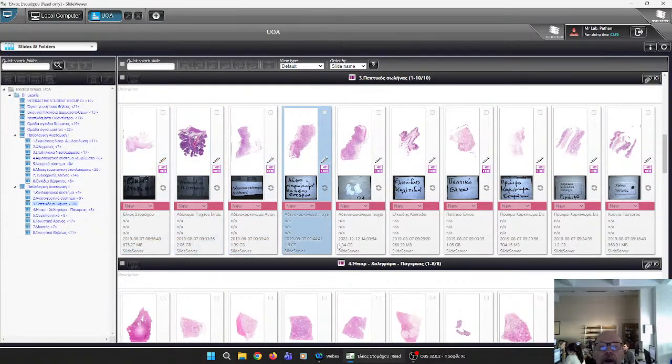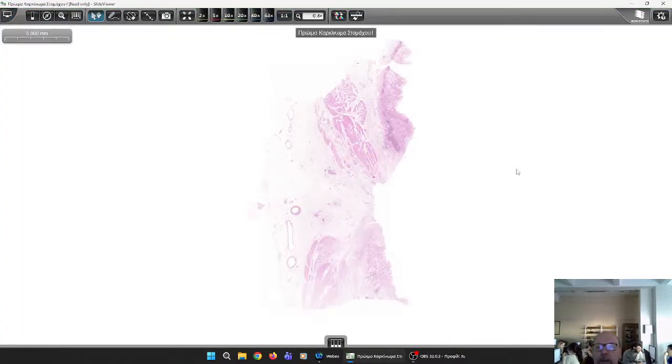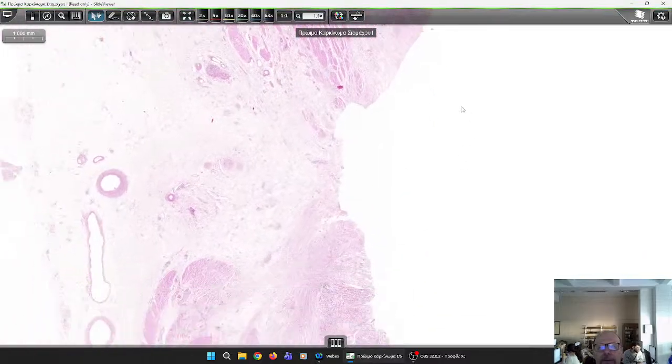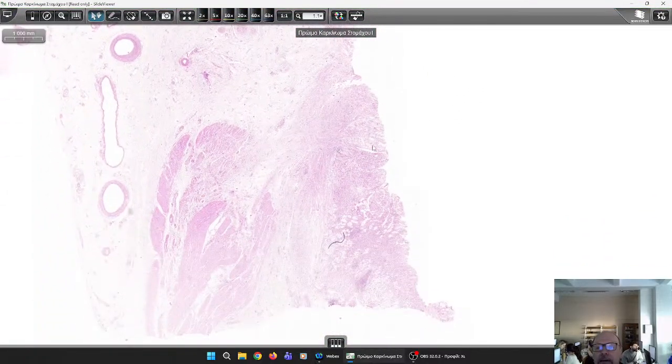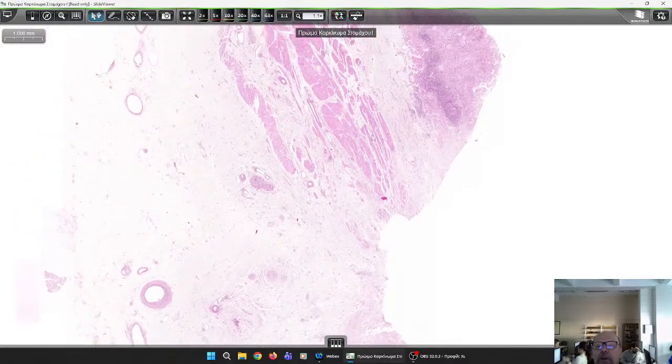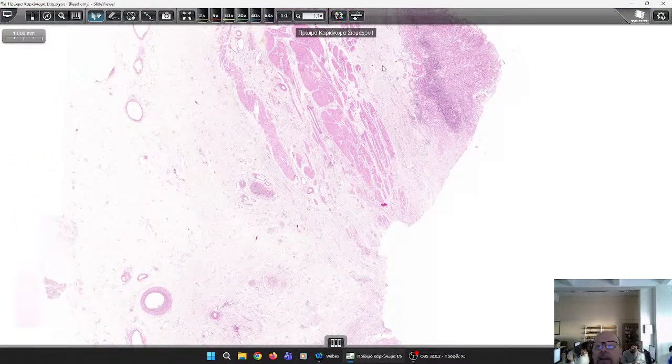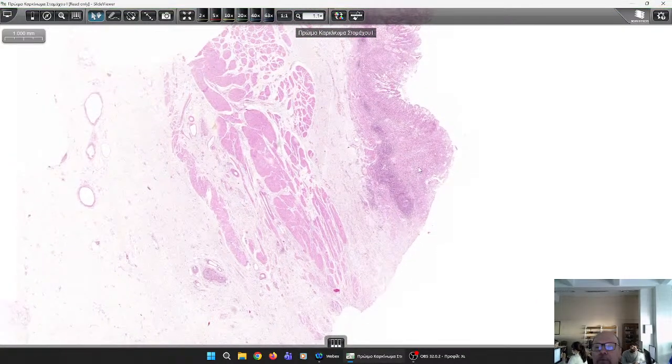Next, we have another lesion here in the stomach. Look, here we have something that looks like an erosion or an ulcer, because here we have the muscular layer, the submucosa, and the mucosa.